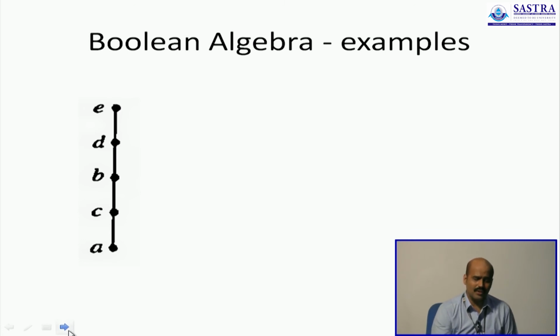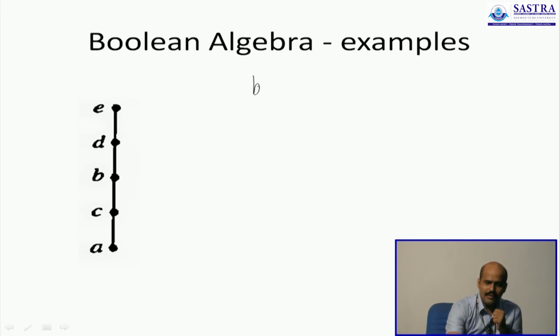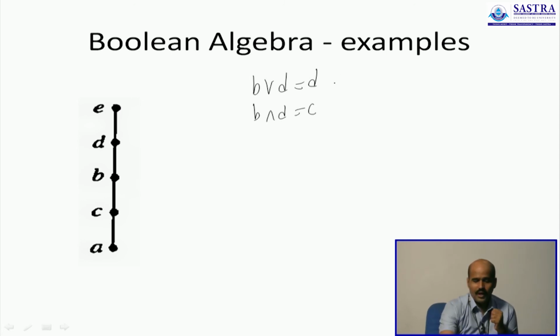Moving ahead, we saw this as a lattice. It's the most popular, frequently used example for a lattice. However, we'll see that it is not complemented, because when you pick elements B and D, the join of B and D is D, and the meet of B and D is C, and it is not actually the greatest element.